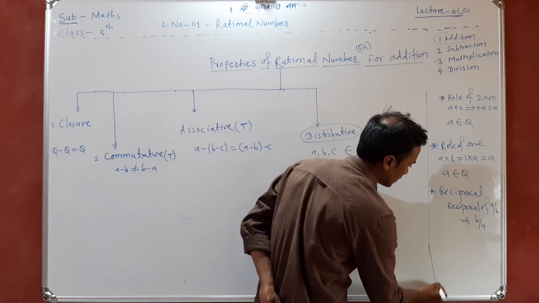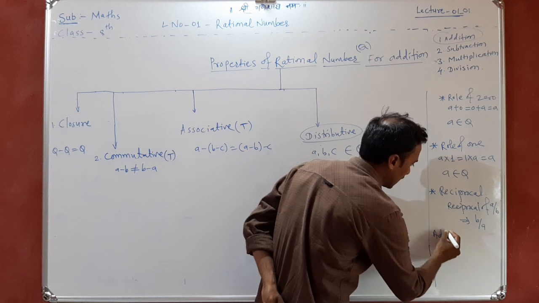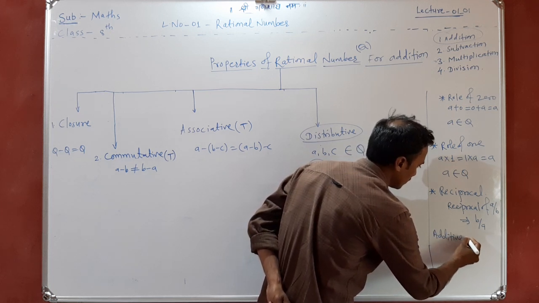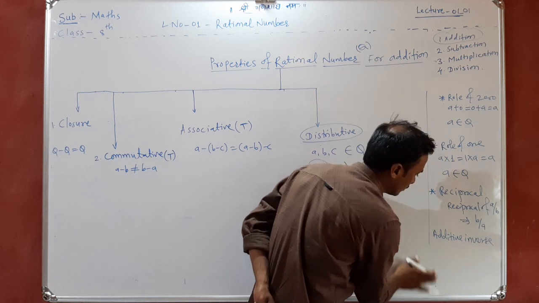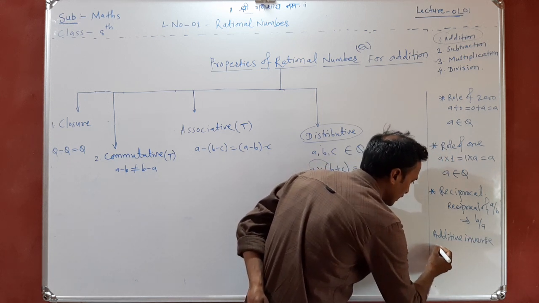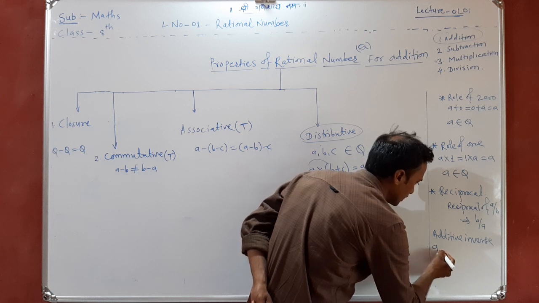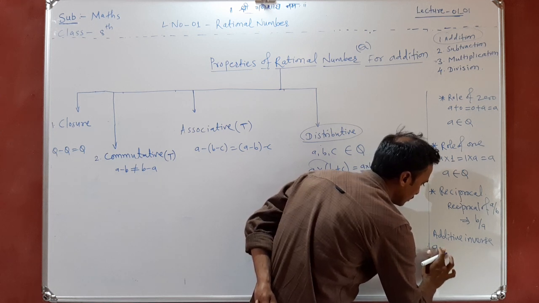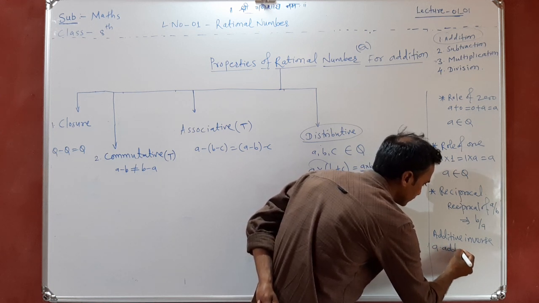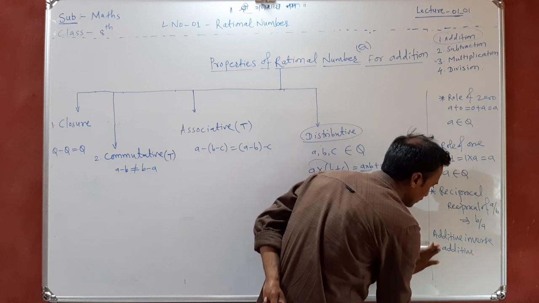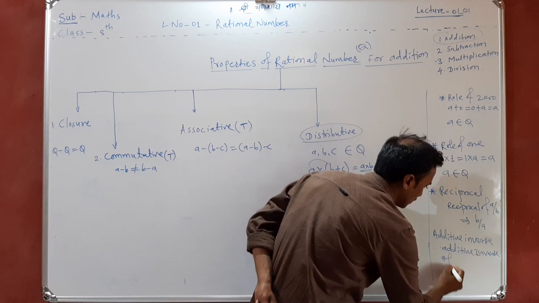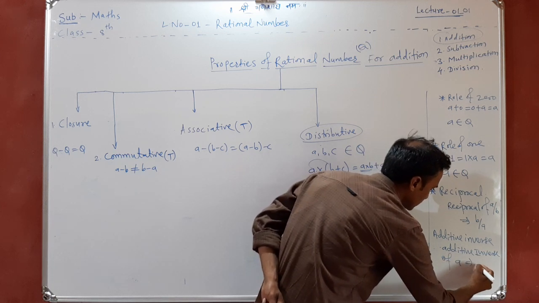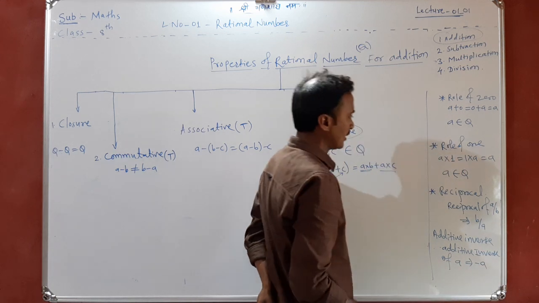And the last property is the additive inverse. Additive inverse means, if a is any rational number, then the additive inverse of a is equal to minus a, right?